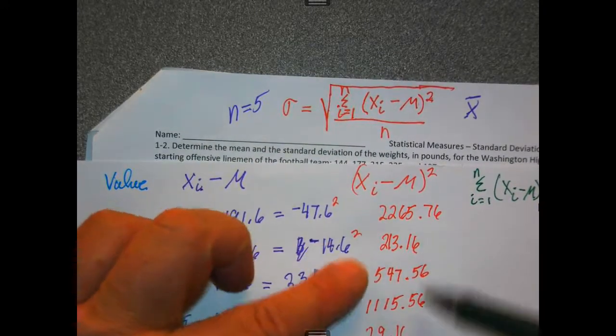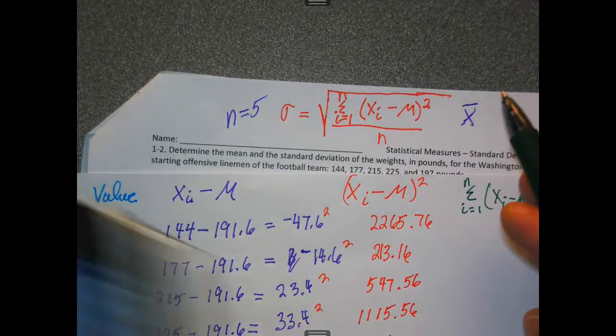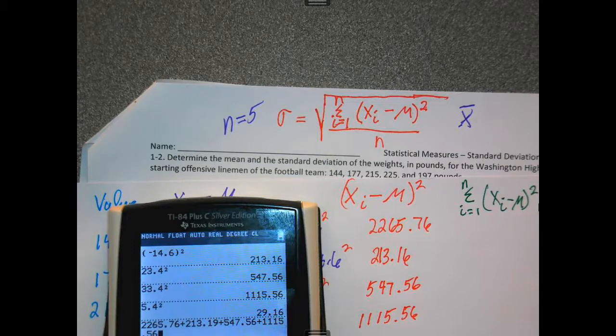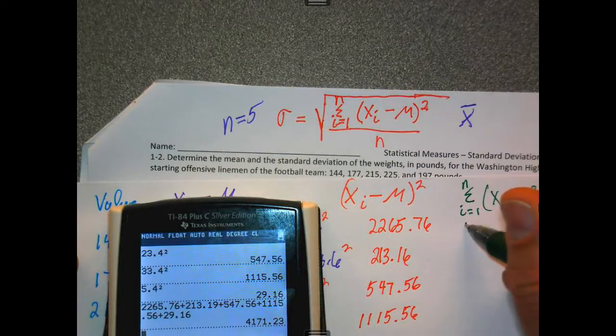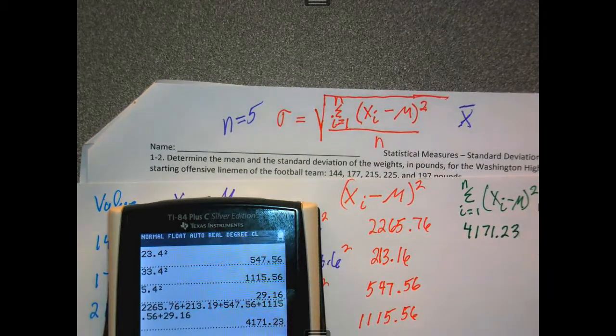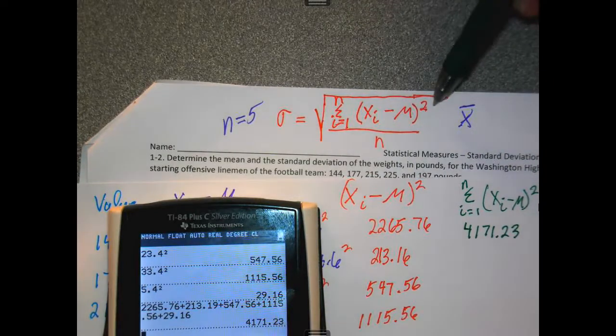Okay, so we're just going to sum these up. And hopefully I can get this done before the end of class. We get 4171.23. So we got the whole numerator.